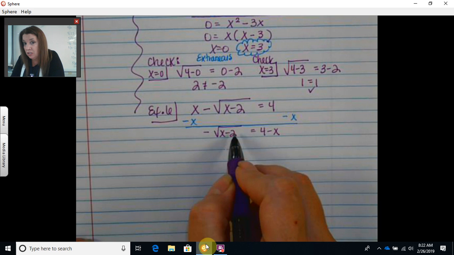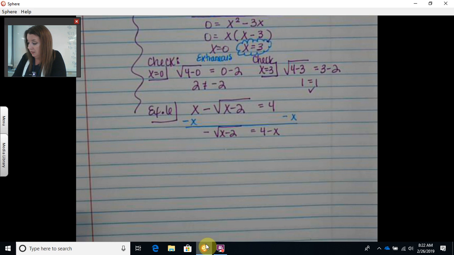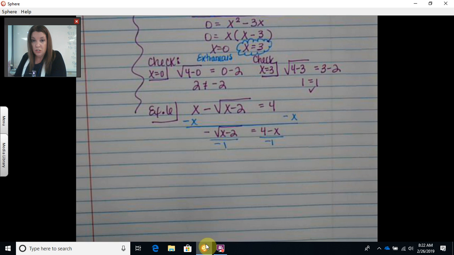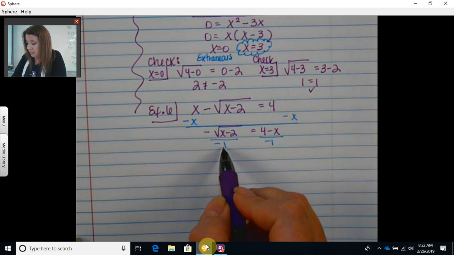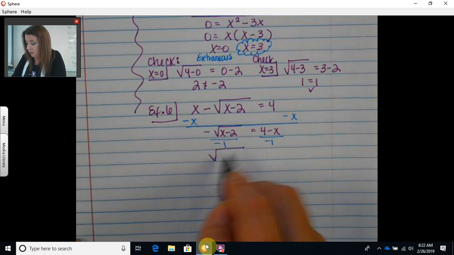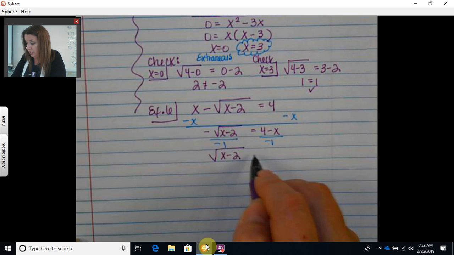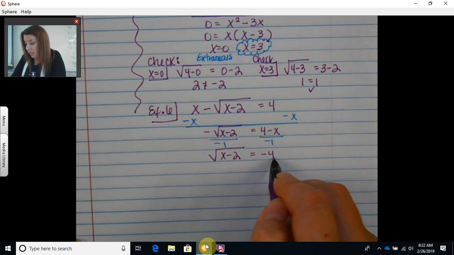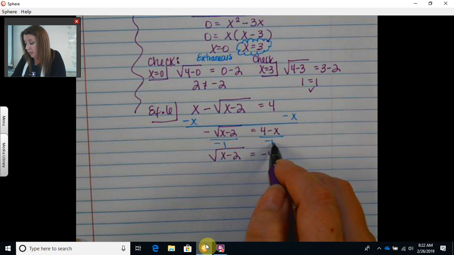So how could I undo that? Divide by negative 1. And I'm dividing this whole side by negative 1, both terms, okay? So the negative divided by negative is a positive, so that gives me the positive square root of x minus 2 equals 4 divided by negative 1 is negative 4. Negative x divided by negative 1 is positive x.